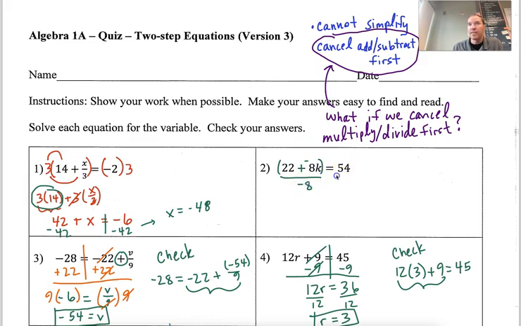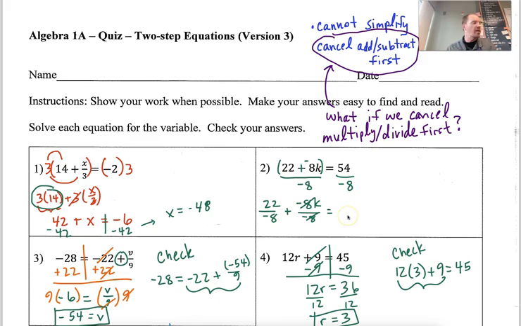You have to divide the entire left side by negative 8. And when you do that, just like the multiplication distributes, the division also distributes. So you would have 22 divided by negative 8 plus the negative 8k divided by negative 8, and that's where you're going to get the cancellation.